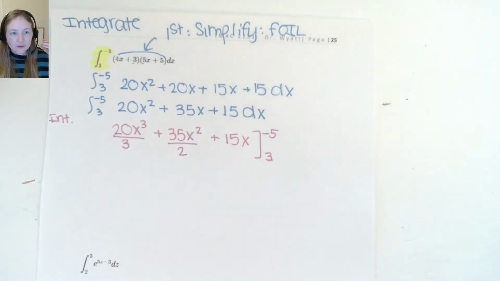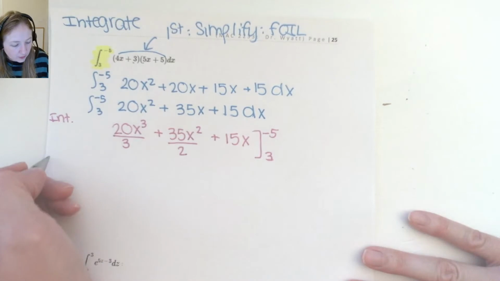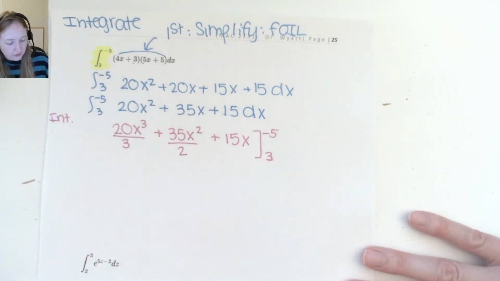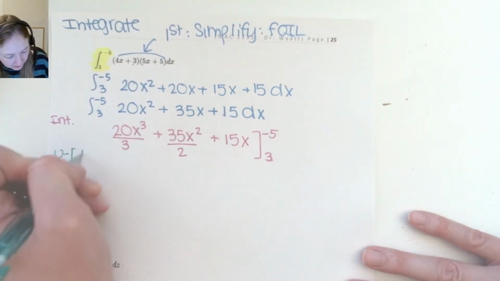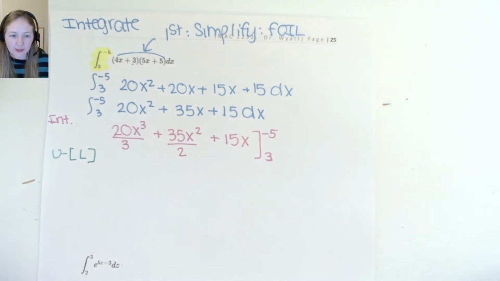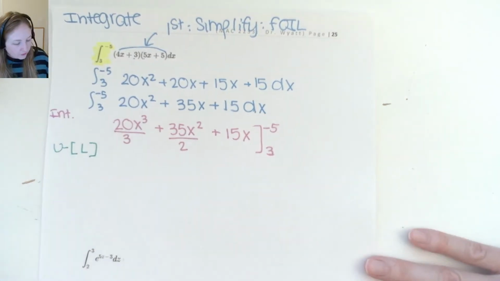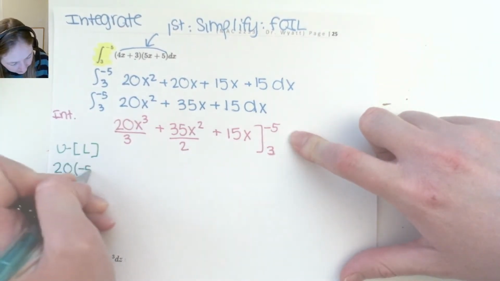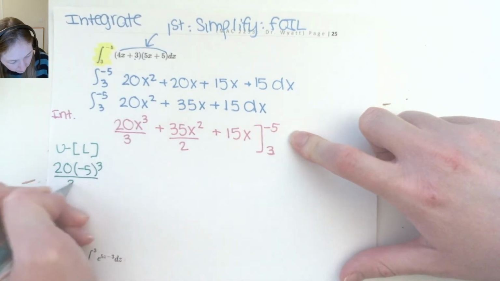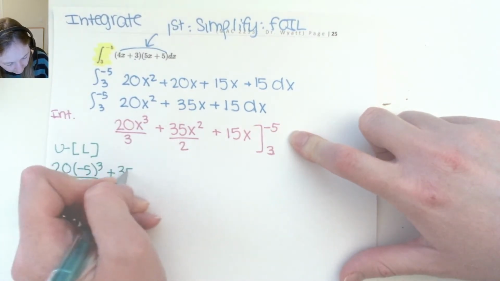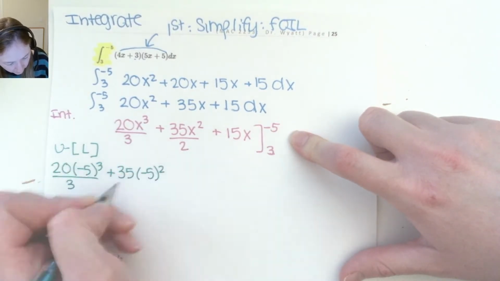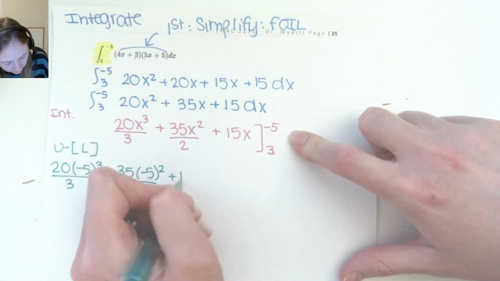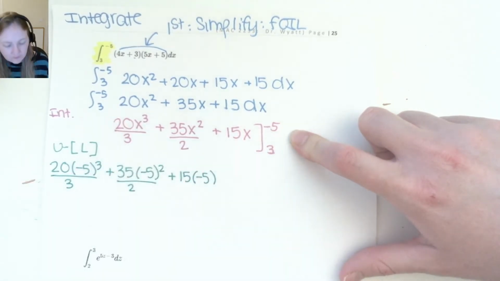Now, that's not our final answer because we then have to go through our upper bound minus our lower bound. So upper minus, and here's where I really like to put that bracket around the lower bound. So this is going to give you, upper bound plugged in will be 20 times negative 5 cubed over 3 plus 35 times negative 5 squared over 2 plus 15 times negative 5.